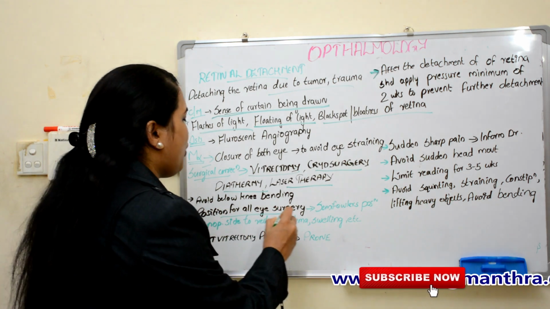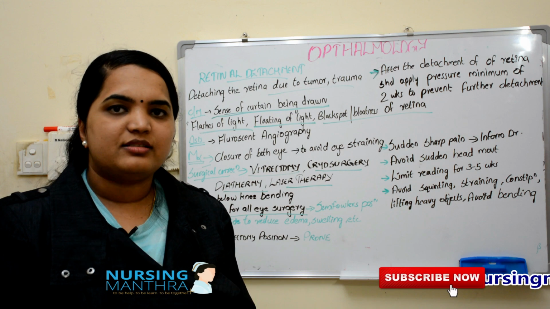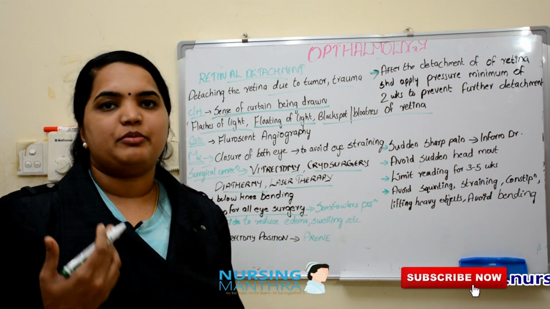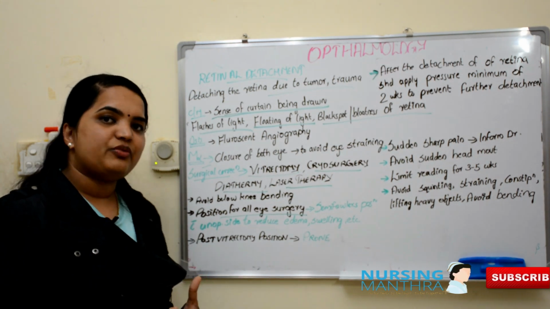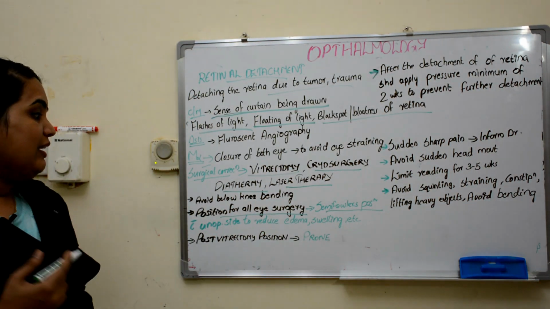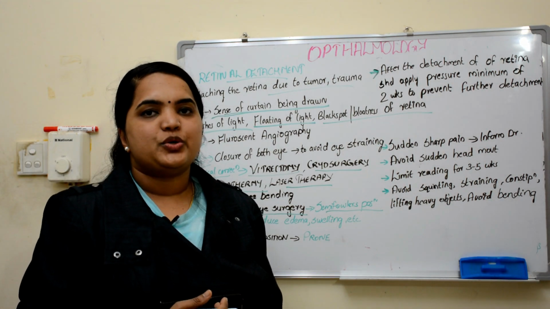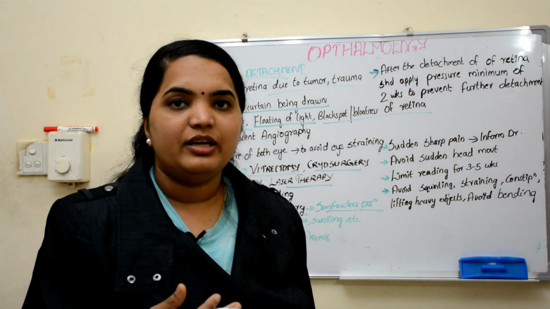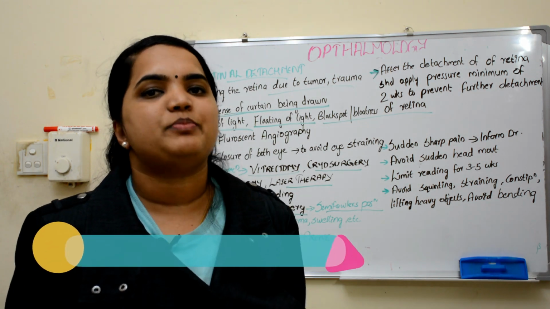And the position for all eye surgery. Usually they ask questions like the position for cataract surgery, position for glaucoma surgery, or all eye surgery. The position we use is semi-Fowler's position, on the unoperative side, to reduce edema and swelling. So we have to keep the patient on the unoperative side and provide semi-Fowler's position.